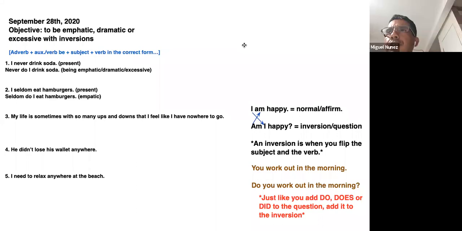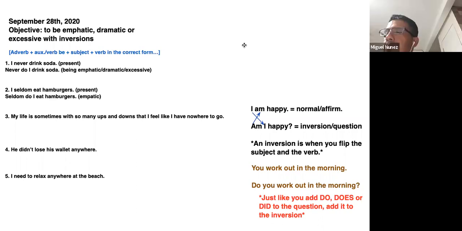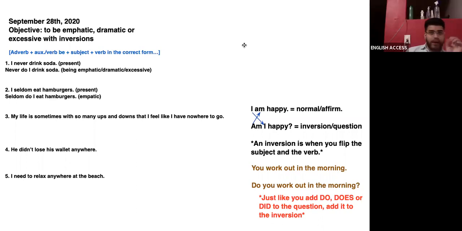Let's say present perfect. Well, if it's present perfect, you'll have the verb in the past participle. Yeah, it goes according to the time. Yeah, that's what I mean by correct form. Like, adjust it to your sentence.